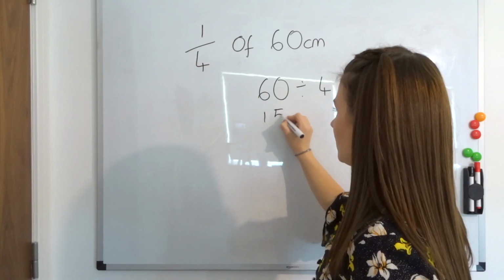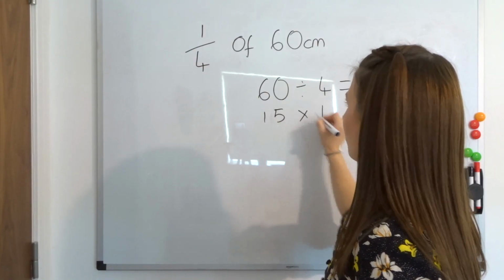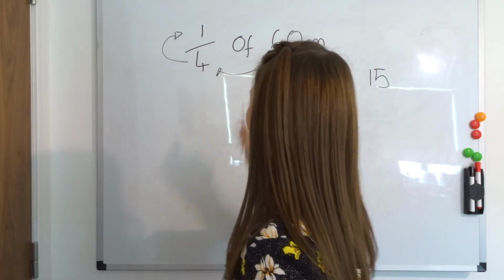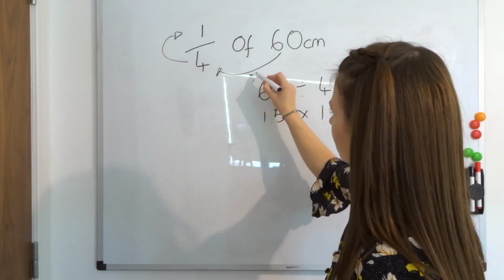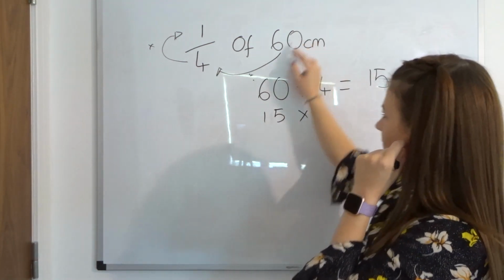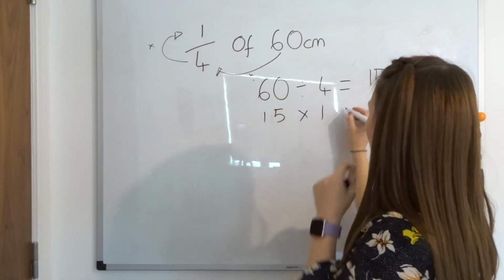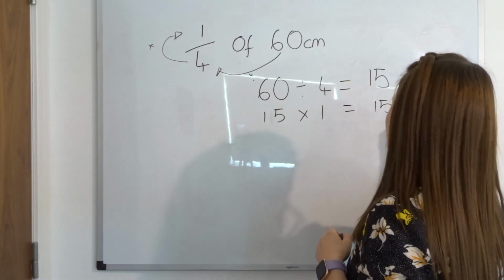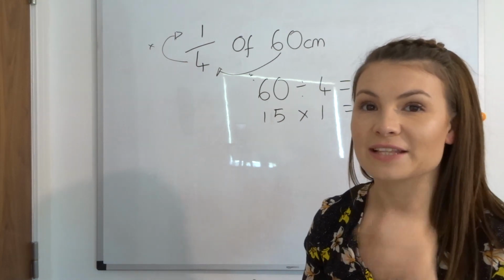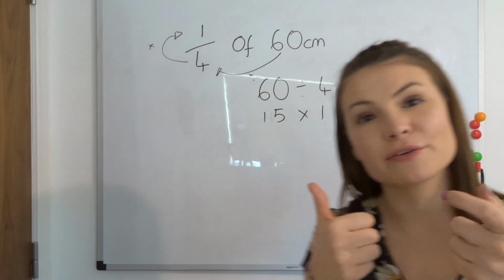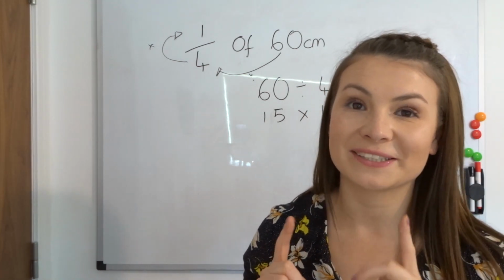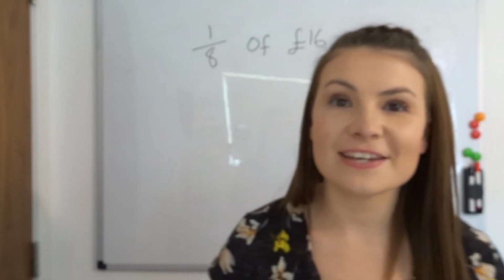Okay, then 15 times 1, because we've divided by the bottom, now we're timesing by the top, is 15. And what do we need to add on the end? Good, centimetres. Don't forget to put that on. There we go. Okay, well done if you got that right. I'm going to go through one more with you and then I'm going to give you some questions to answer on your own. Okay, here is your next one.